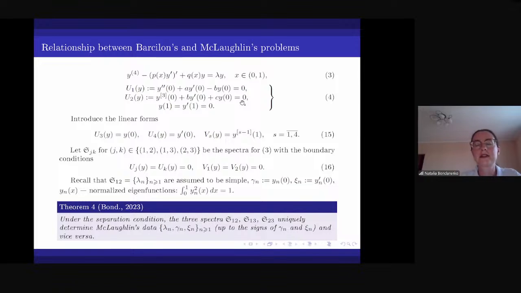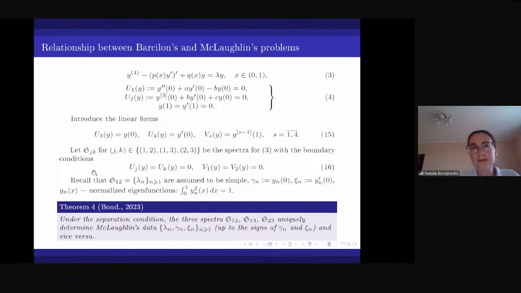Next, let us consider McLaughlin's problem, and first of all, we can notice some relationship between Barcilon's and McLaughlin's problems. For McLaughlin's problem, we introduce the linear forms in a slightly different way. U1 and U2 are these two linear forms, and U3 and U4 will be the remaining forms of orders 0 and 1. And Vs are introduced similarly to the previous problem.